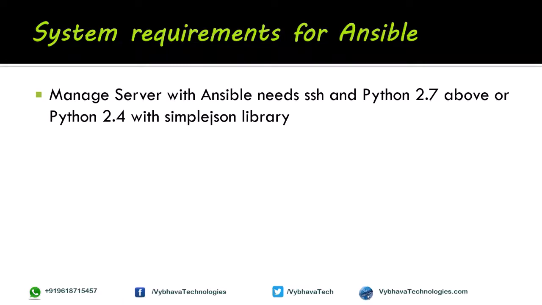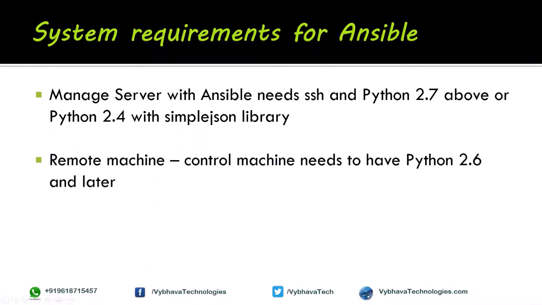And Python 2.7 or above is recommended. When Ansible started, it was Python 2.4, which is also supported, but it is an older version. A simple JSON library should be included in 2.4 if you have an older version of Python. Okay, that is the older one, don't worry about that.